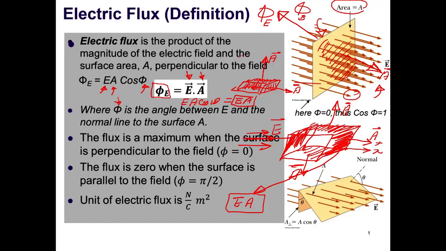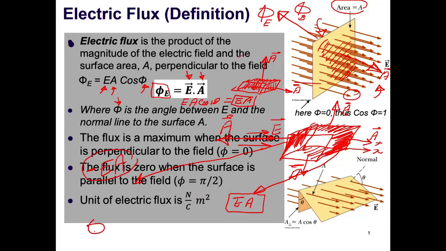Here A is to the left, but E is to the right. The angle between them is 180, and cosine 180 is equal to minus 1. So for that surface, the flux going through it is negative, equal to minus EA. What's the total flux?